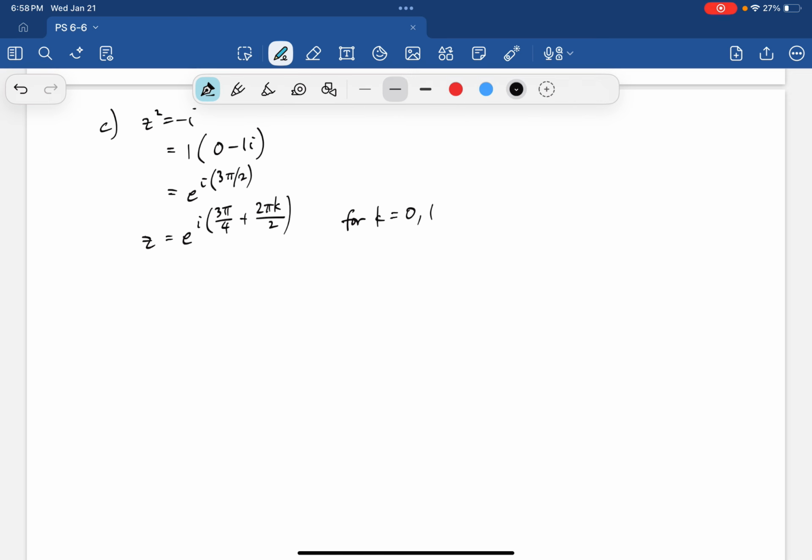Right, there are only going to be 2 solutions here. And so the first solution is going to be e to the i times 3 pi over 4, which is negative root 2 over 2 plus root 2 over 2 i. And the second solution is going to be e to the power of i times 7 pi over 4.